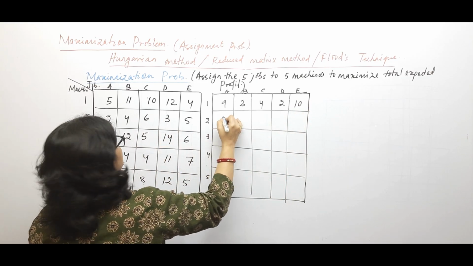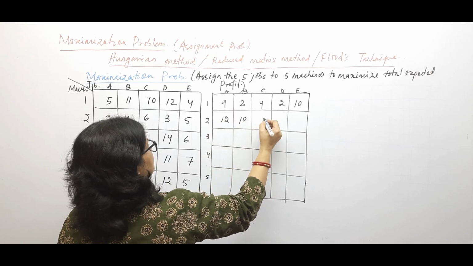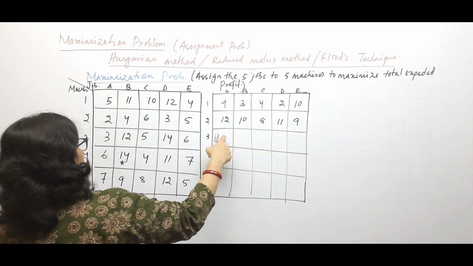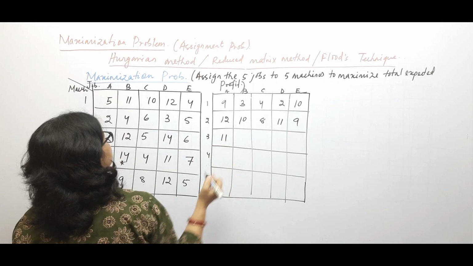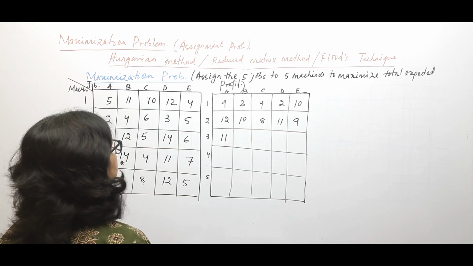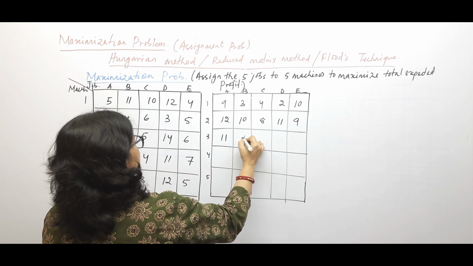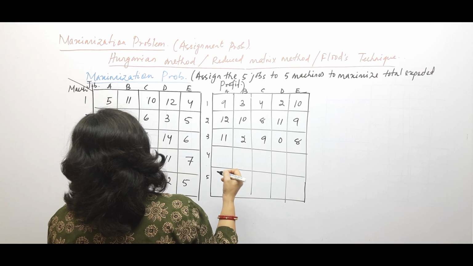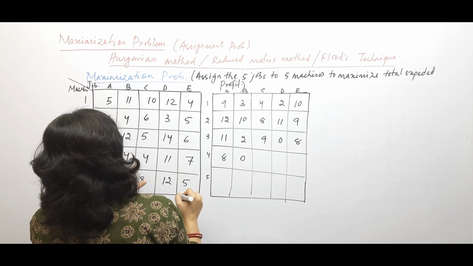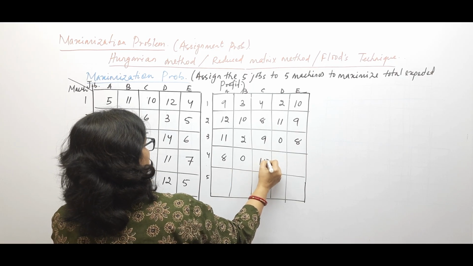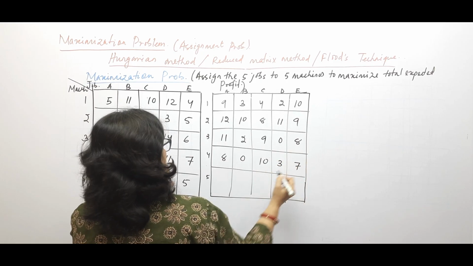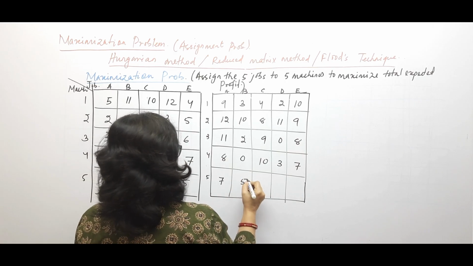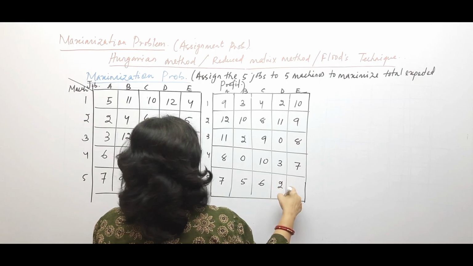Then 14 minus 2 is 12, 10, 8, then 11, then 9, here 11, then 2, here 9, 0, then 8, 8, 0, this is 10, 3, 7, then 7, sorry, 14 minus 7 is 7, 9, 5, then 6, then 2, then 9.